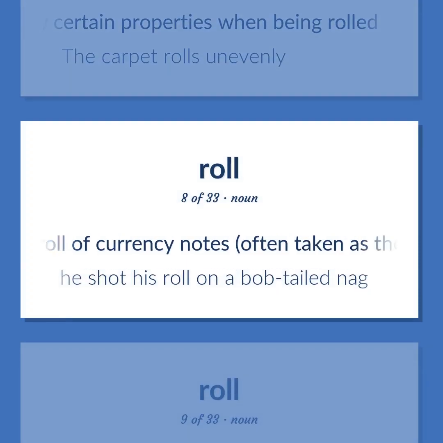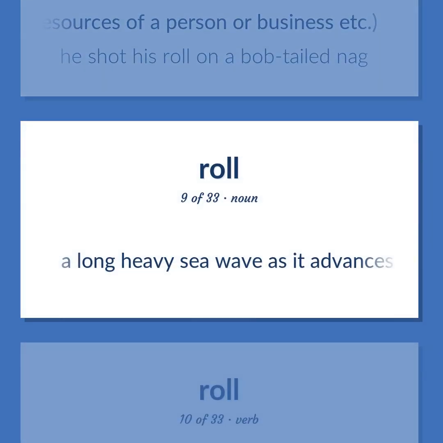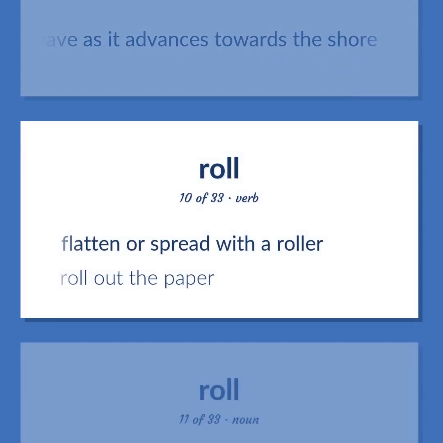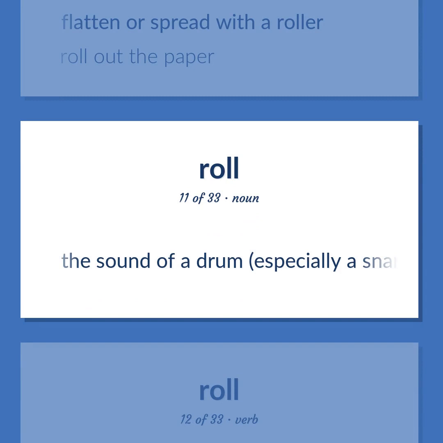A roll of currency notes, often taken as the resources of a person or business, etc. He shot his roll on a bob-tailed nag. A long heavy sea wave as it advances towards the shore. Flatten or spread with a roller. Roll out the paper. The sound of a drum, especially a snare drum, beaten rapidly and continuously.